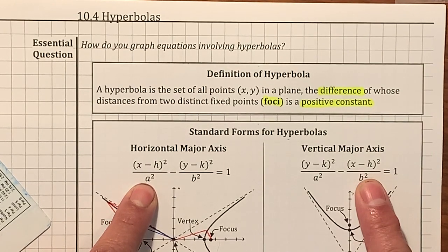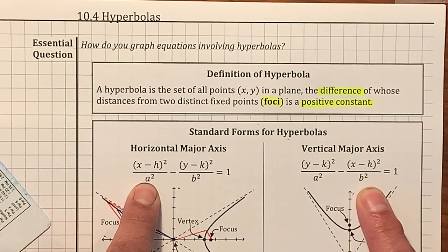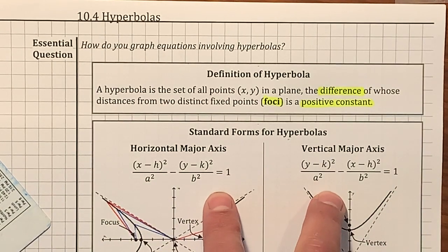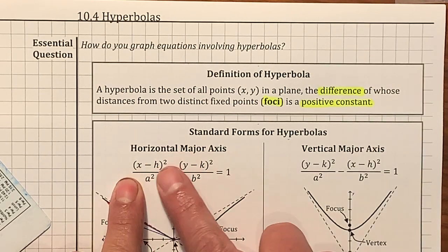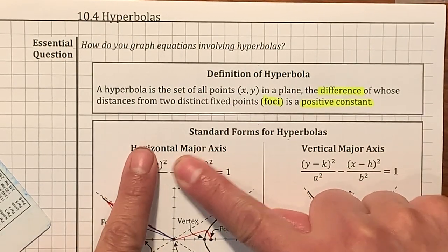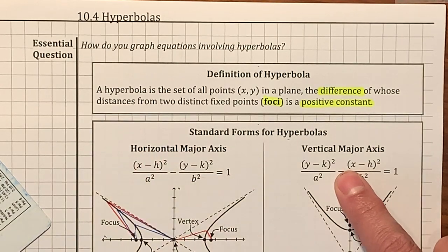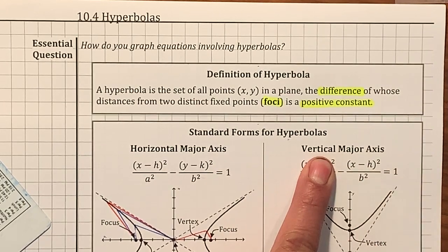So notice that once again they give us two different standard forms. See if you can tell the difference. Take a minute and see what is the difference between those two. Correct. So at this point you see that in this case your x squared is positive and your y squared is negative. In this case, your y squared is positive and your x squared is negative.